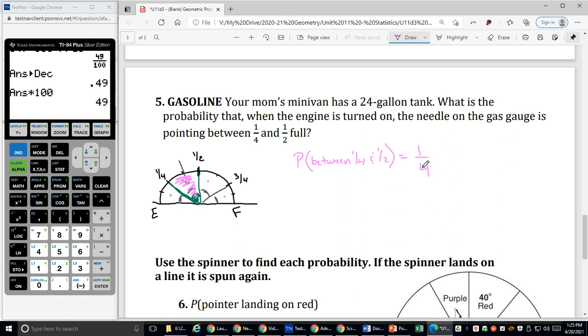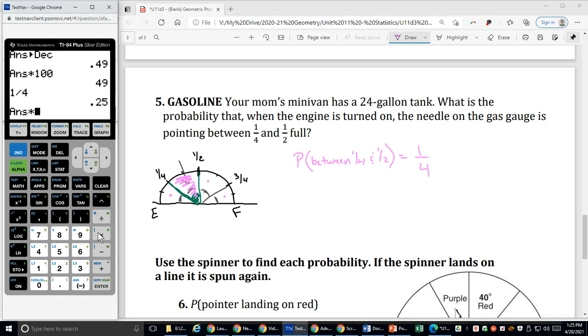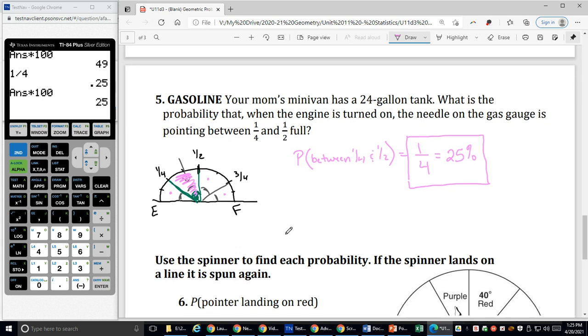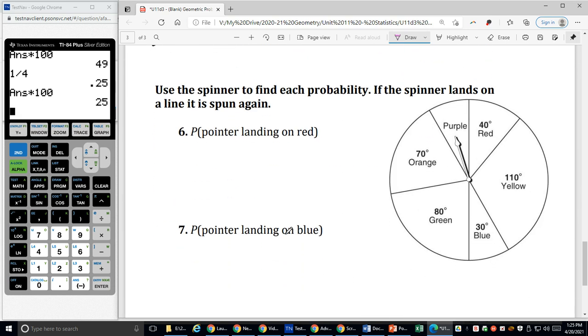So 1/4, and that's not going to reduce because it's already reduced. 1/4 times 100 is 25%. So 25% of the time you randomly check the gas tank on your vehicle, it should fall between 1/4 and 1/2.